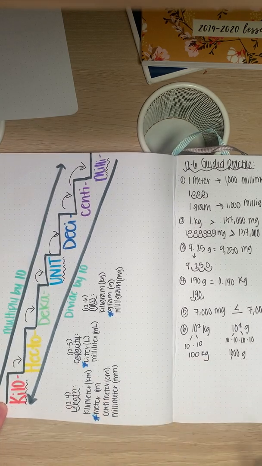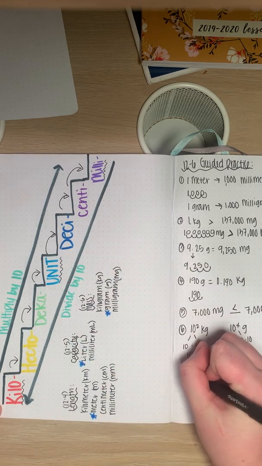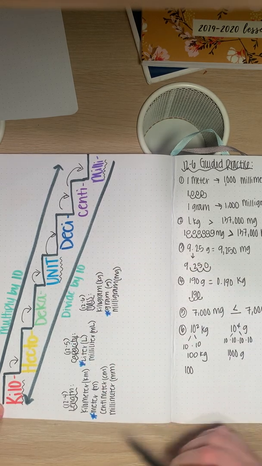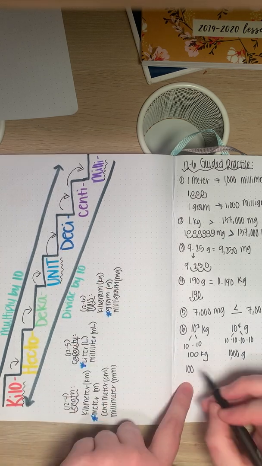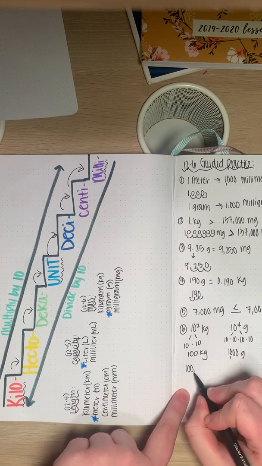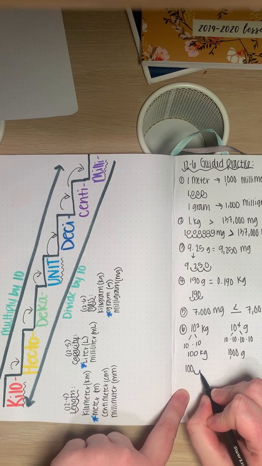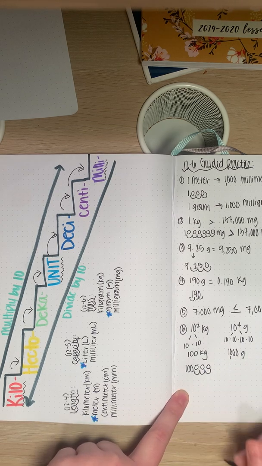And I'm going to move my decimal to the right 3 times to get to my unit, okay? So I'm going to pull that down there. So I have 100. Remember, 3 times, 1, 2, 3 to get to that unit. My decimal is right here to the right of my 100. And I'm going to move it 3 times. 1, 2, 3. I'm going to fill that in.